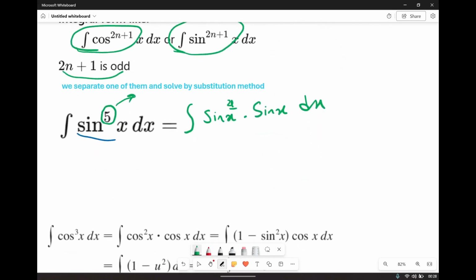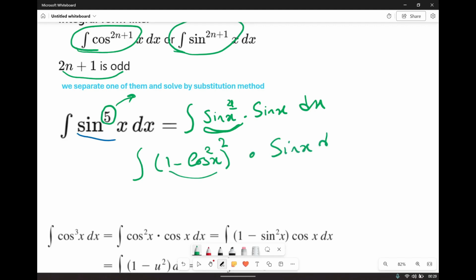Okay, and after that I'm going to change this variable in the integral. Instead of sine power 2, I prefer to write 1 minus cosine x power 2, okay, yes, because it is sine power 2, and then power 2 gives sine power 4, times sine x dx.